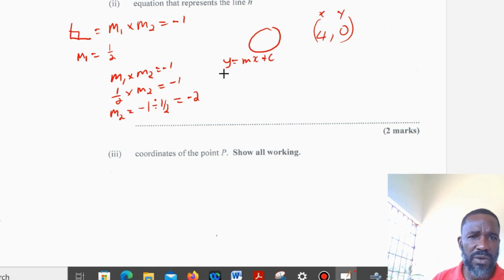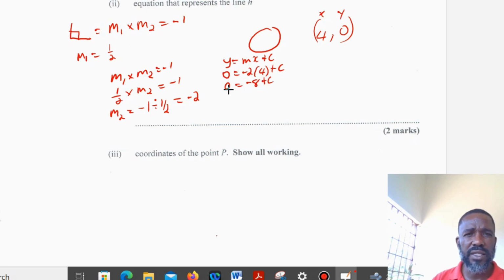So y is equal to 0, m is negative 2, times 4 plus c. So 0 is equal to negative 2 times 4, which is negative 8, plus c. So 0 is equal to negative 8 plus c. If I take this 8 across to the other side, it becomes positive because the sign here was negative. So 8 is equal to c, or we can say c is equal to 8.